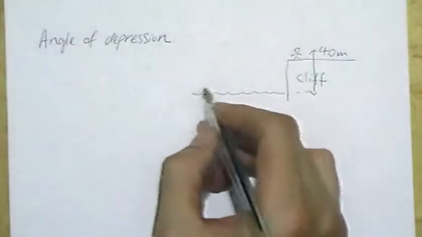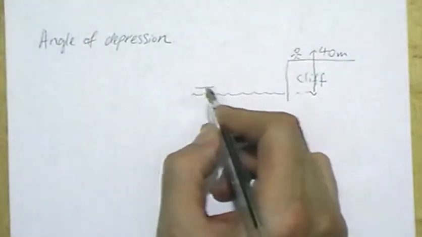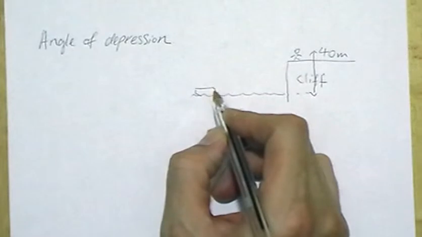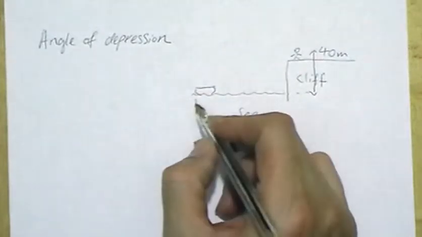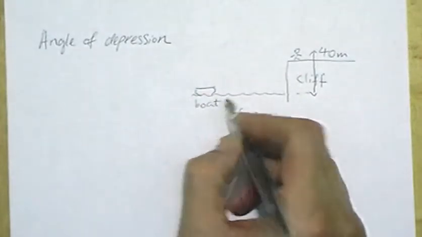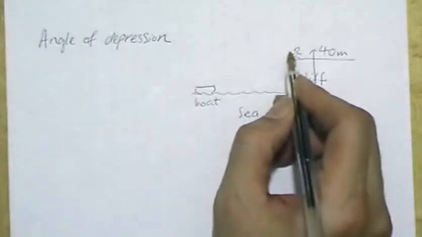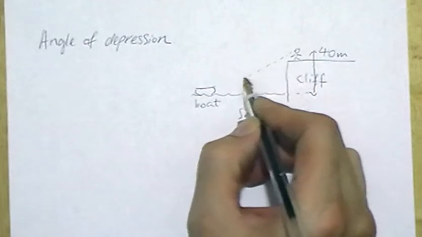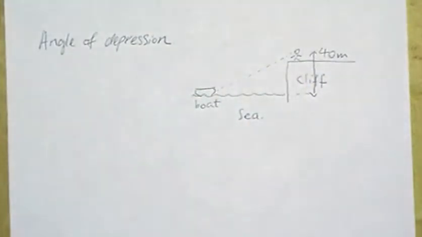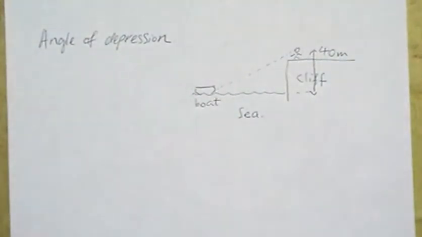Now he looks down at a ship, a boat down here. So he looks down at this boat and he finds that the angle of depression of this boat is 20 degrees.